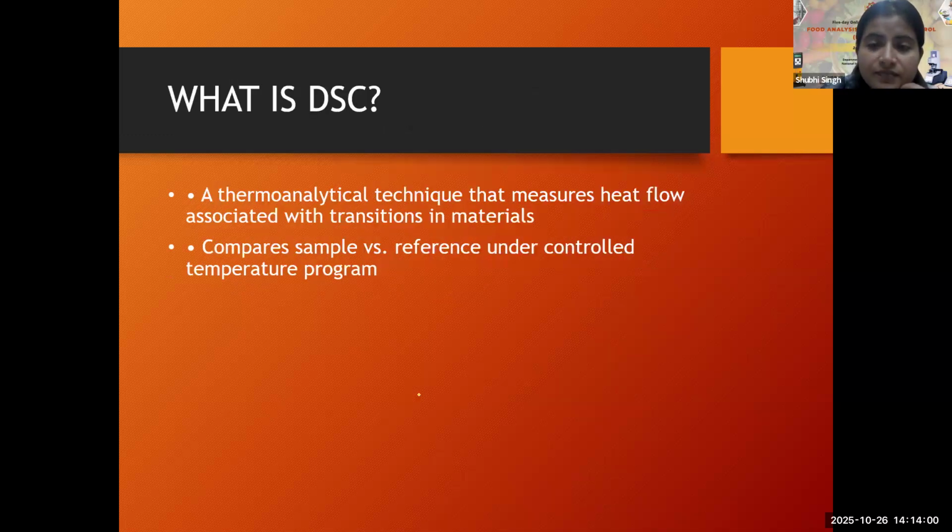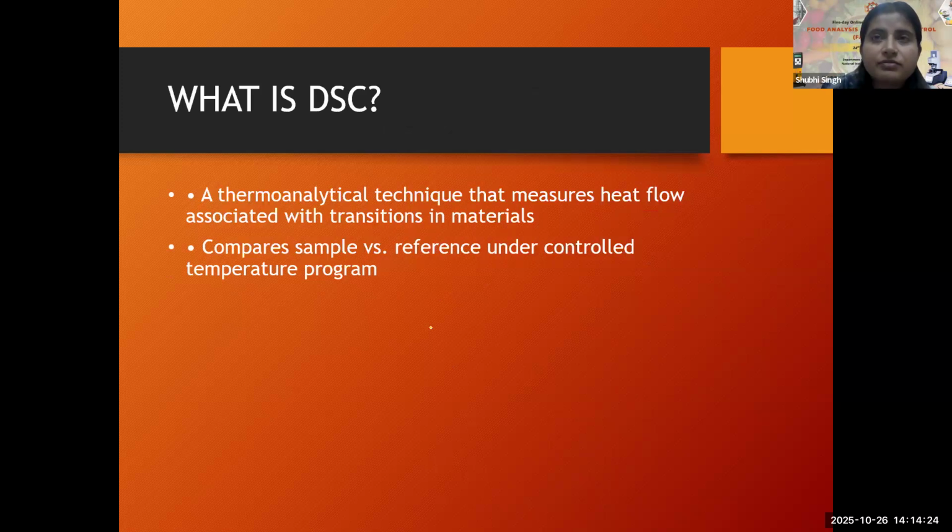Now, what is DSC? DSC is a technique that measures the difference in the amount of heat required to increase the temperature of a sample and a reference. The difference occurs because the sample may undergo physical or chemical changes like melting or crystallization that require or release energy.